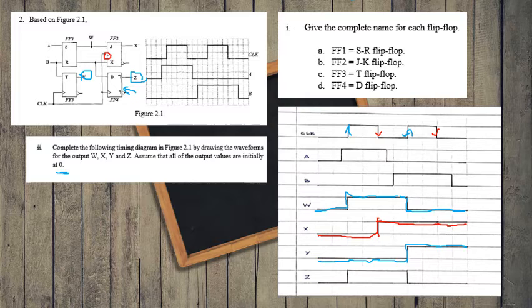The clock doesn't trigger, so it will stay at 0 until the first trigger, when the clock is triggered and the input is high. So the output will be high and it will be set.